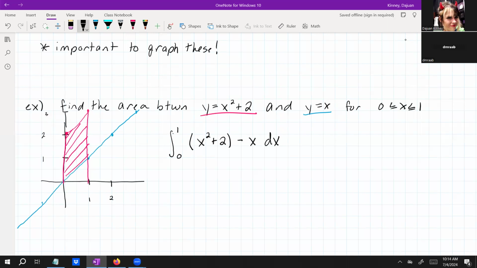And this is just a standard integration problem for us now. So the antiderivative is 1/3 x cubed plus 2x minus 1/2 x squared. It bothers me that they're not in descending order, but I'm going to let it go.